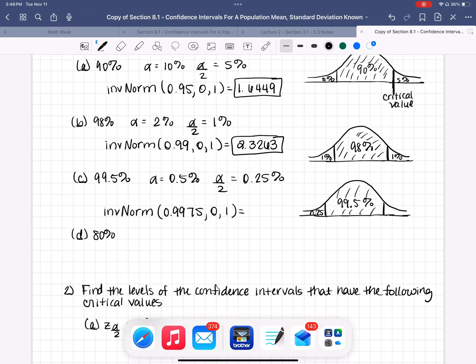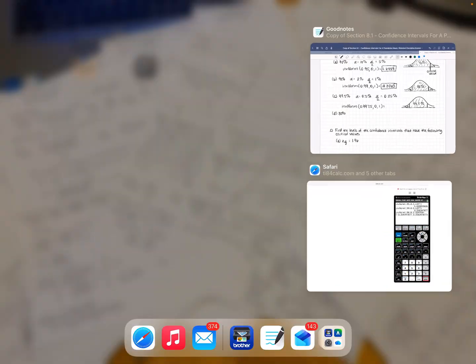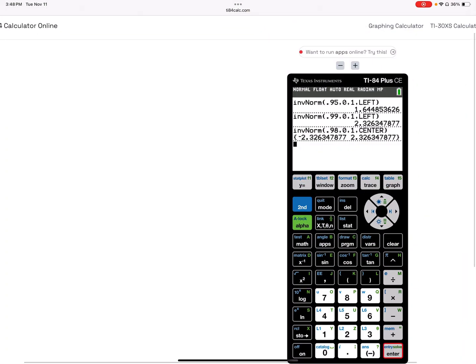So if I go back over here, and I'm typing in, I'm going to go back up to this one, and I'm going to insert. I want 0.9975 left, and that's going to give me 2.8070.